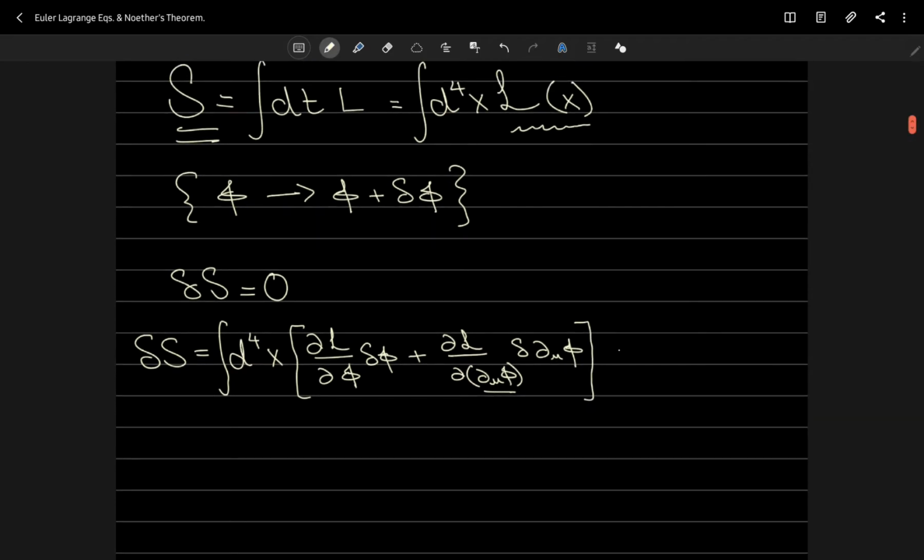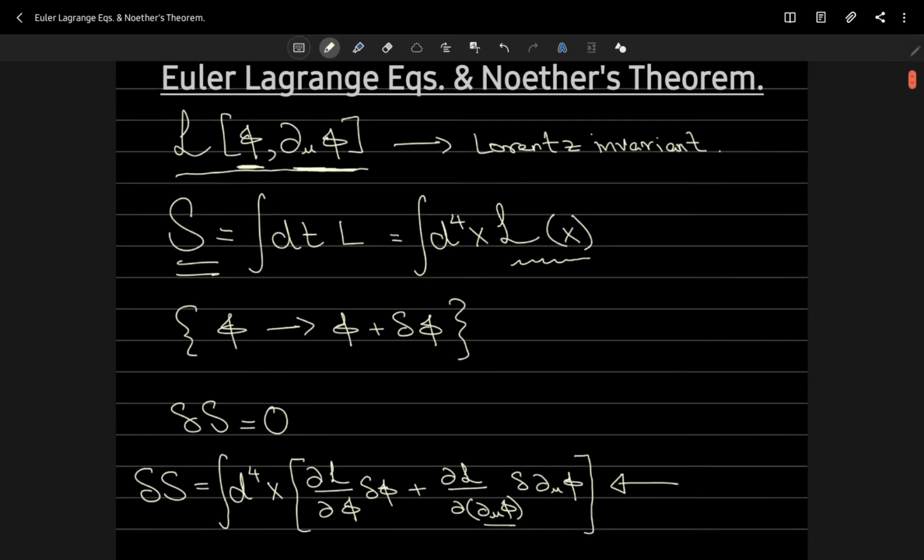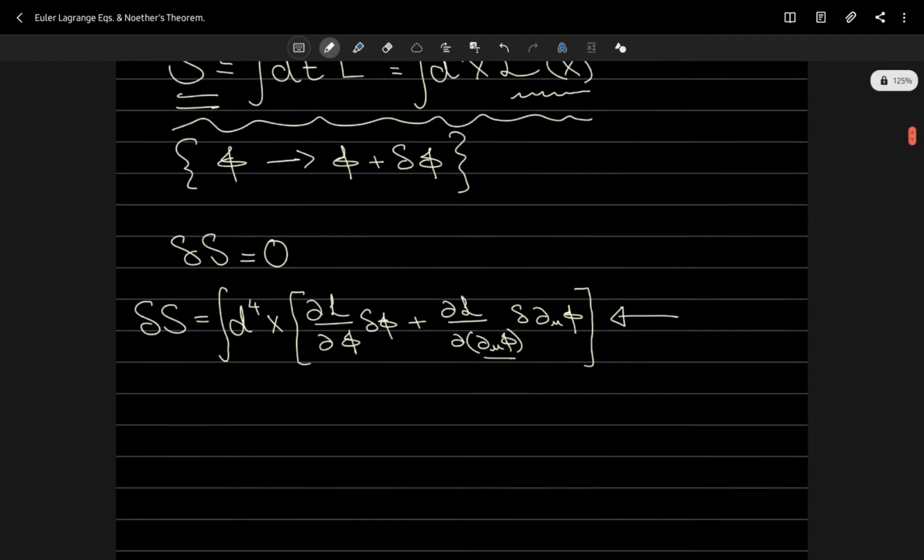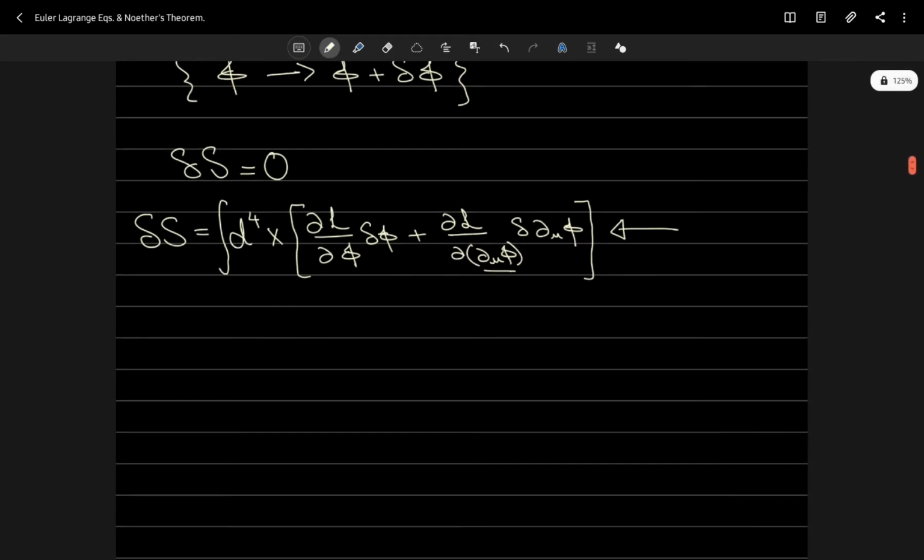I wrote this equation down by noting how my action is defined, and that this is my Lagrangian density, a function of the field and the derivative of the field.